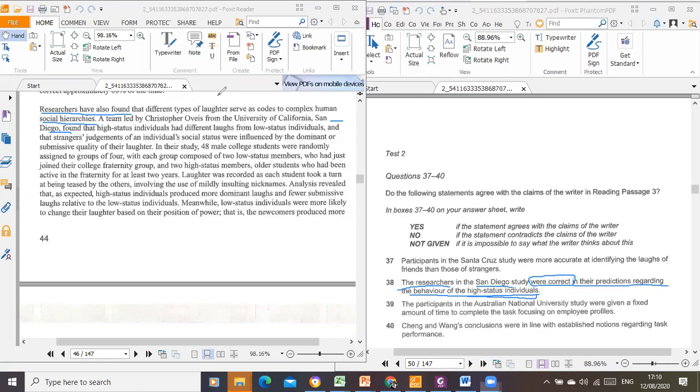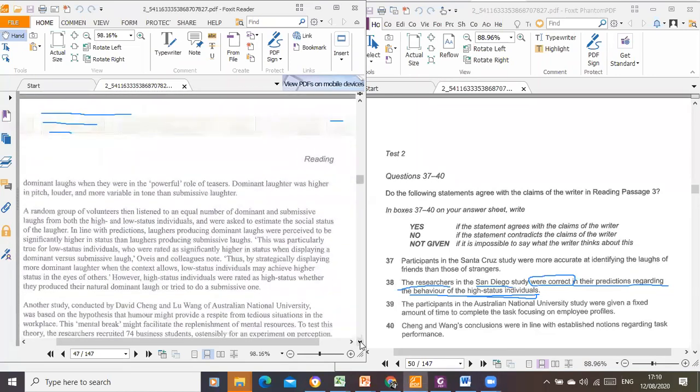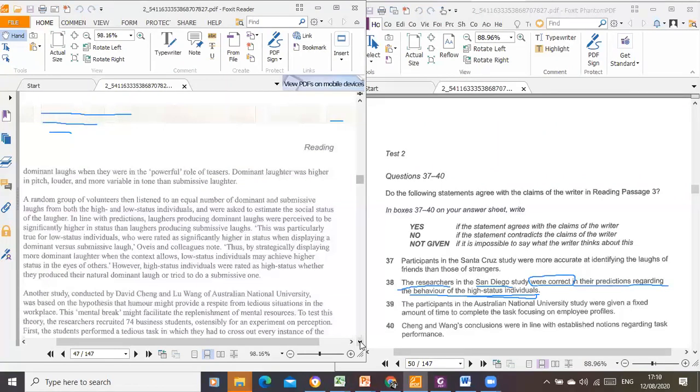So we pay attention to that. Don't forget that the next paragraph is also about researchers, about San Diego. So you can see there was nothing mentioned about researchers at all, what they think about the study.